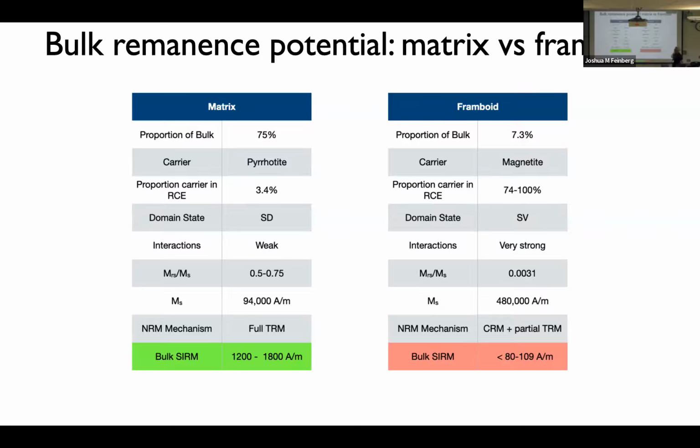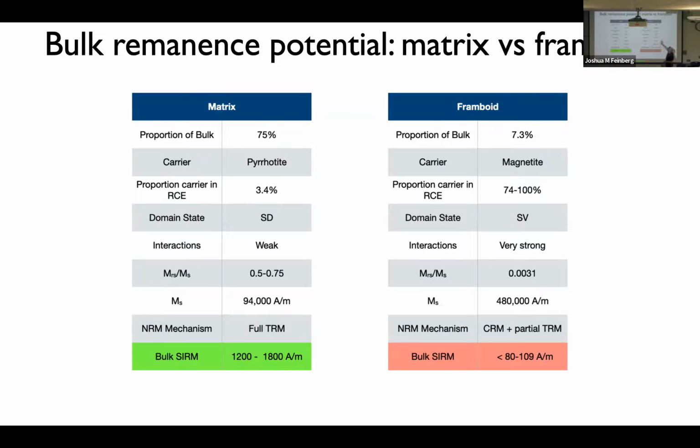We know how much of the pyrrhotite is in the matrix from our 3D, which is 3.4%. We know it's single domain, weakly interacting, has an MRS over MS of something like this, an MS of that, probably a full TRM, because this thing was heated above 320 and then cooled down. So that gives you an estimate of how much remanence the matrix could hold.